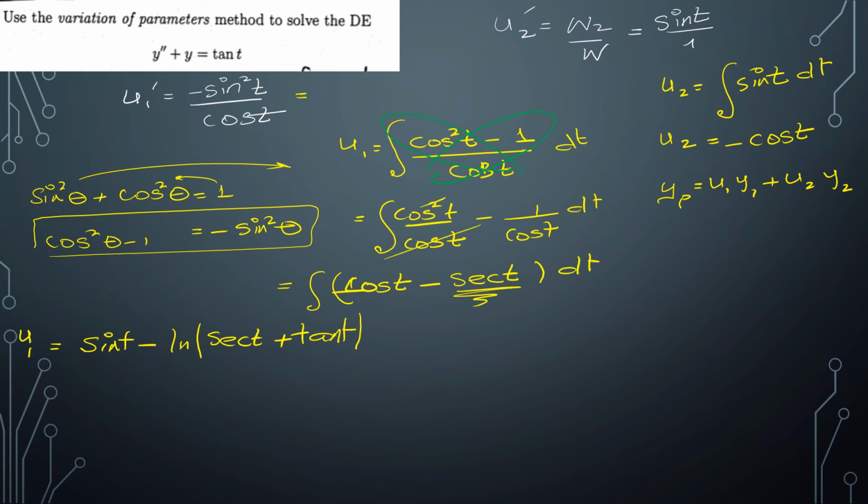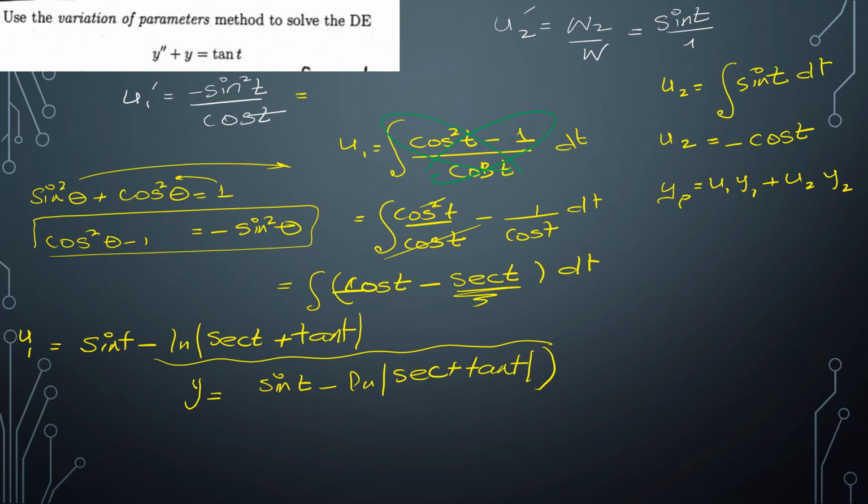So our u1, let me write on this side. Our u1 is sine t minus ln of secant t plus tangent t, and y1 is cosine t, plus u2, which is negative cosine t.